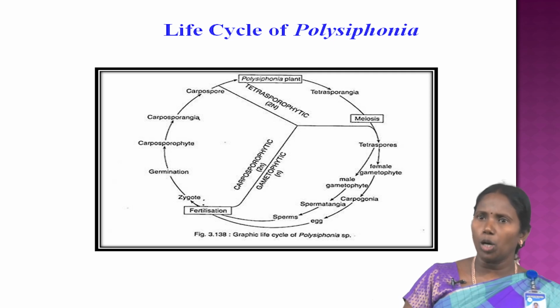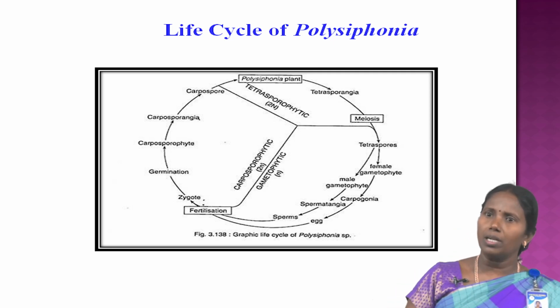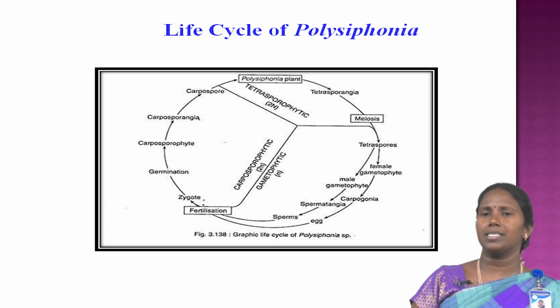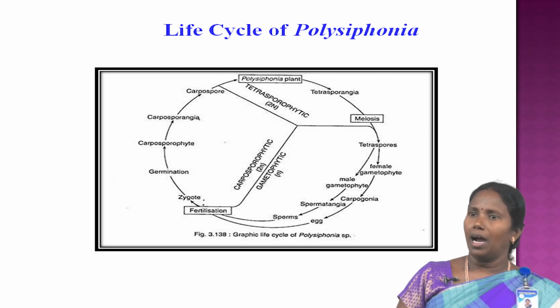In its carposporophytic state, the diploid carpospore on germination produces the diploid tetrasporophytic plant again. Thus, the life cycle is triphasic and haplodiplontic.